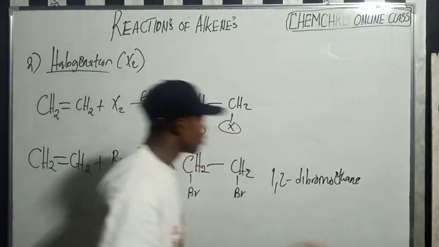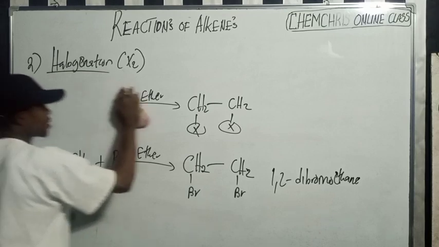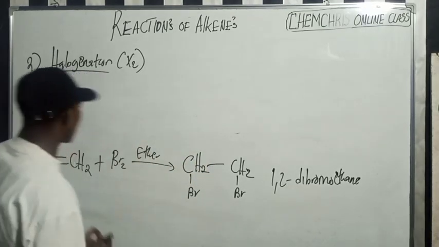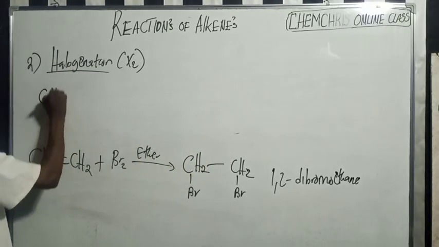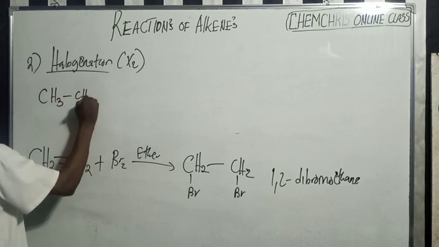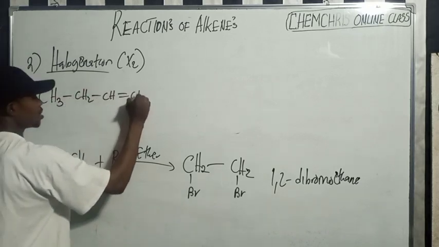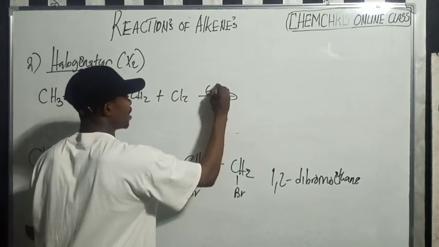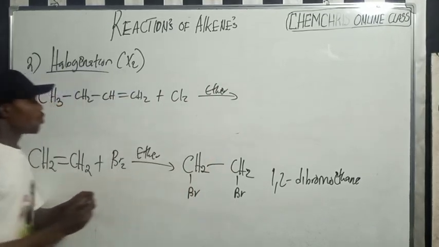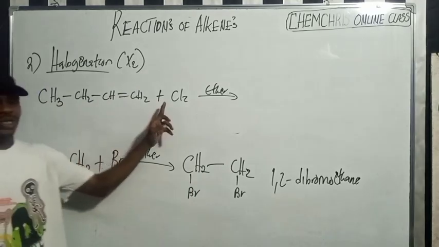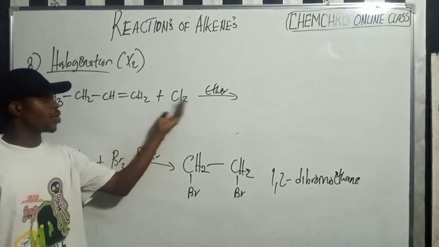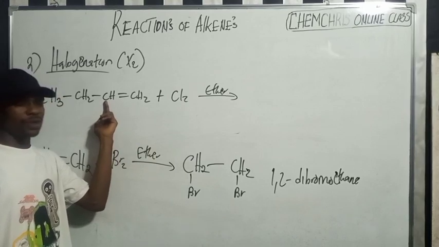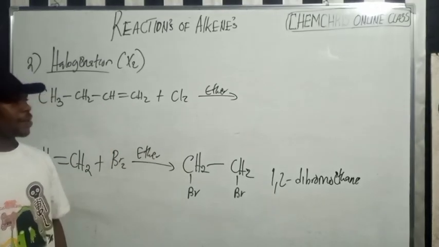So if I should draw one down here like this, probably you have something like this. CH3, CH2, CH double bond CH2 plus Cl2. Here we have ether. What happens here? Now, your main concern is these two chlorines will be added here and here. Do you understand? So to break the pi bond.